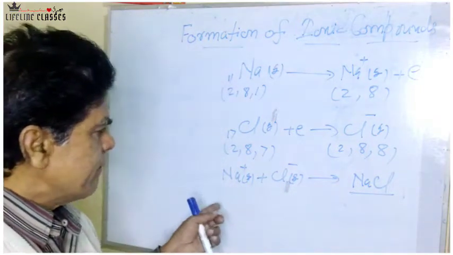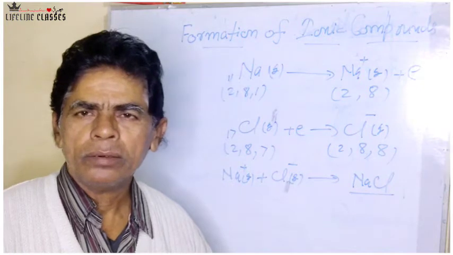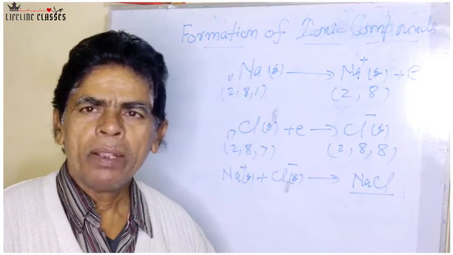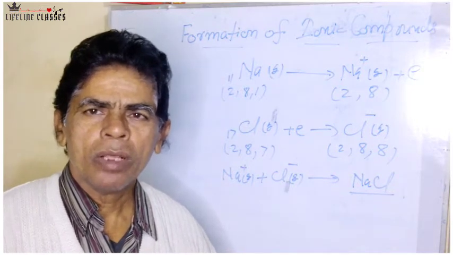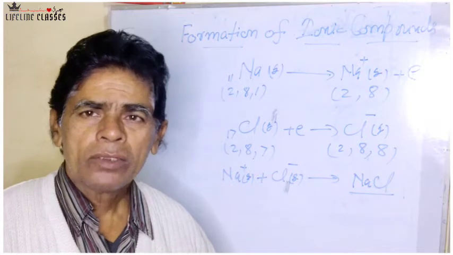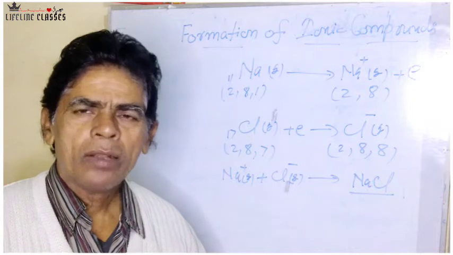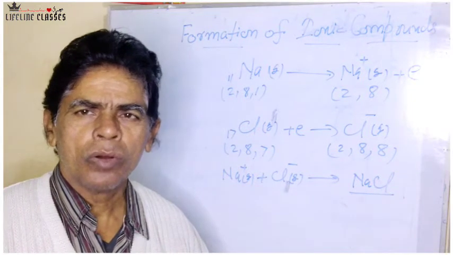Actually, sodium chloride cannot exist in the molecular form, as independent molecules, as we express the molecular formula of chlorine, Cl2, HCl, hydrogen chloride, HBr, hydrogen bromide, H2O, water molecule, and so on.